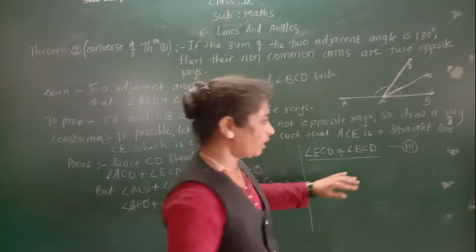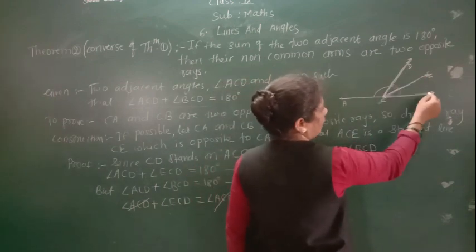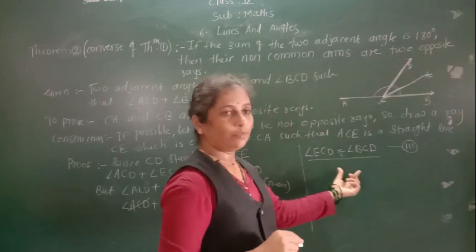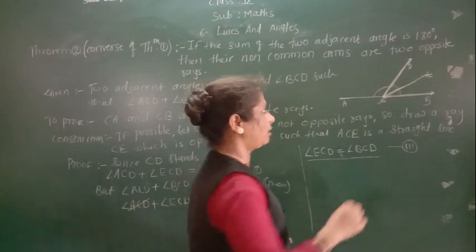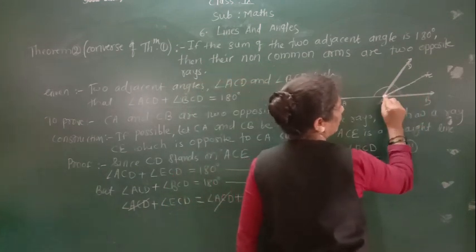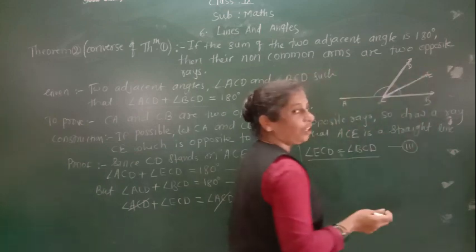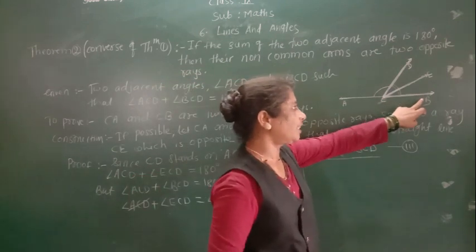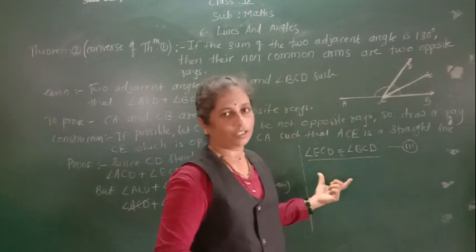So it means what? We got ECD and BCD the same. When is it possible? Only if CE and CB coincide, then only it is possible for angle BCD and angle ECD to have equal measurements.